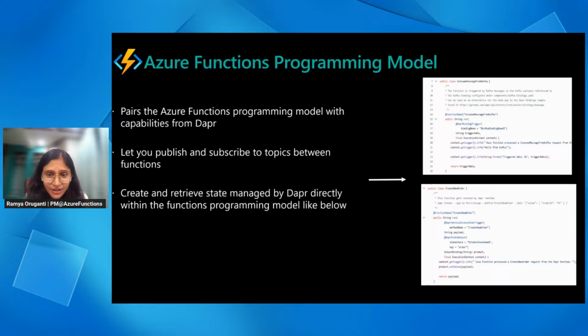There's also in-editor support, which helps you easily reference documentation, and a simplified folder structure with fewer files within the function application. So all the goodness of the Azure Functions programming model is applied to the function app using the Dapr extension as well.